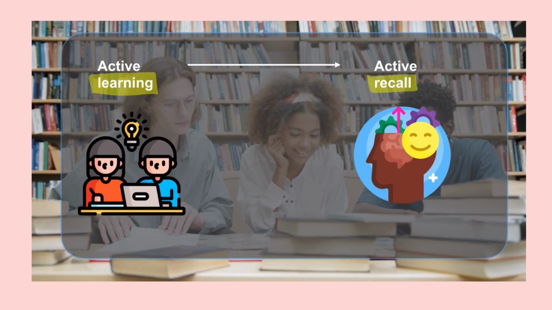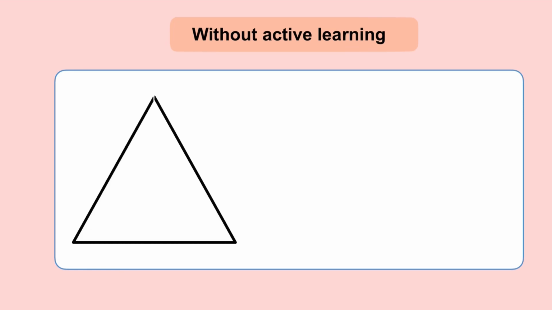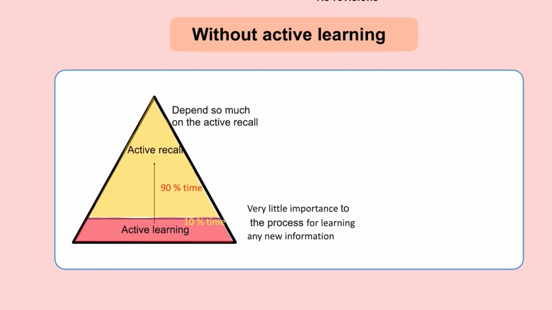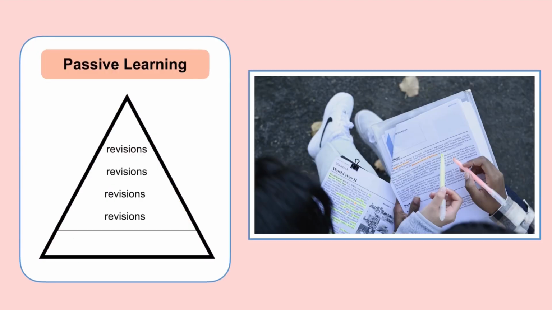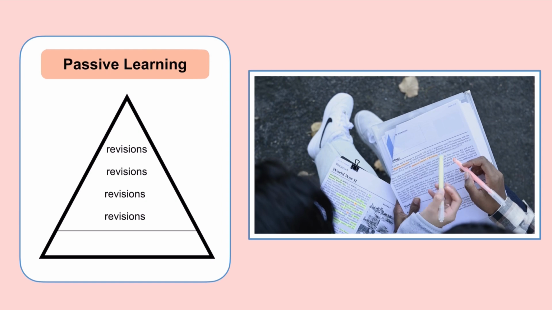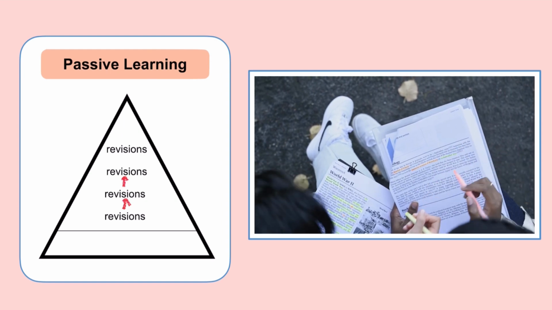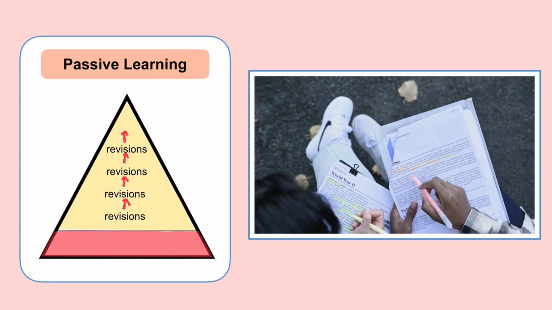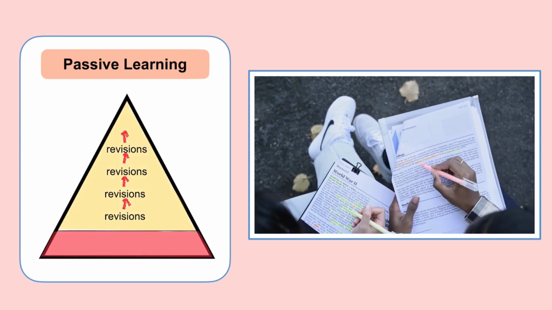The fact is that we start to depend so much on active recall that we give very little importance to the process of learning any new information. And because of this, even though we are doing everything needed for active recall, we still end up using all of our time studying and doing re-revisions in the name of active recall.